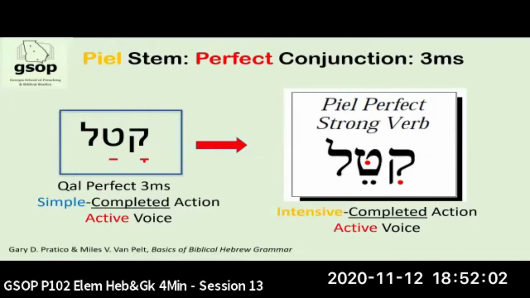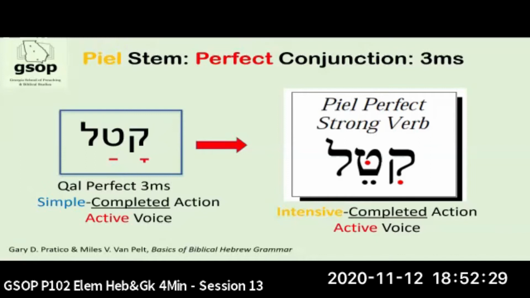Under the piel perfect strong verb, you have the hirik underneath the first root position, the kaf hirik. The tet still has the tsere underneath the second root position, but it has the little red dot in the center that's the dagesh forte, so it's a doubling. And so it's kittel. But it's an intensive, completed action, active voice.